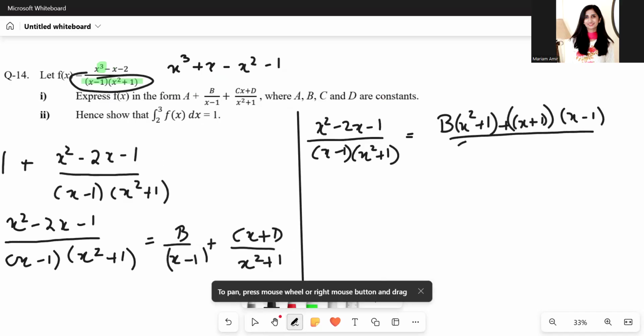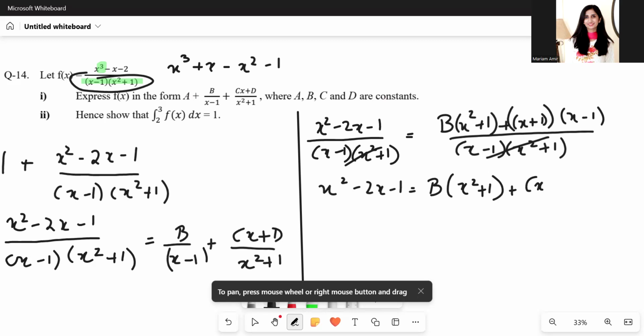So now both the denominators become the same, which can cancel out, and we get x squared minus 2x minus 1 equals B(x squared plus 1) plus (Cx plus D)(x minus 1).